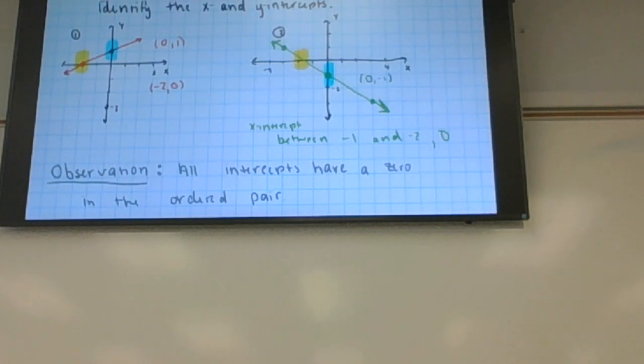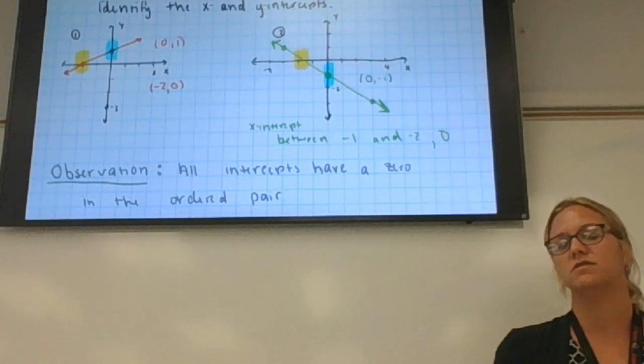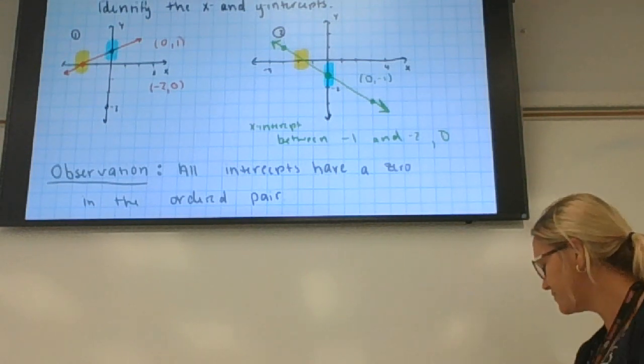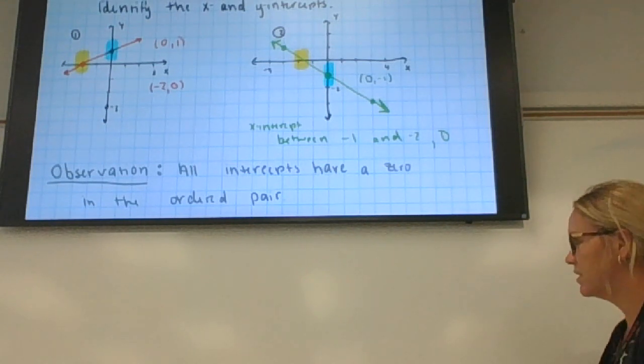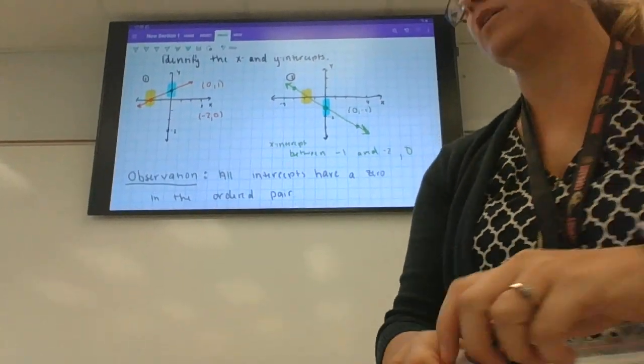So a lot of times, x-intercepts are actually called zeros in mathematics. It's like a synonym. A zero is an x-intercept. So let's take that observation one step further.